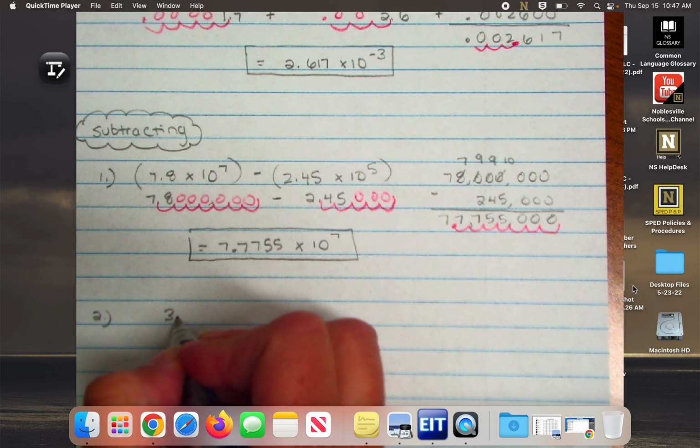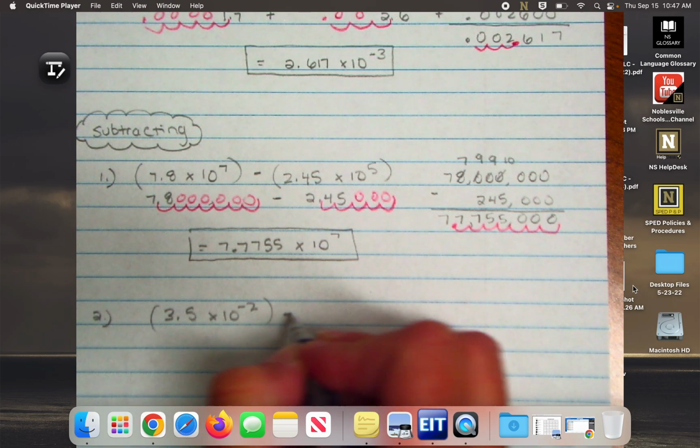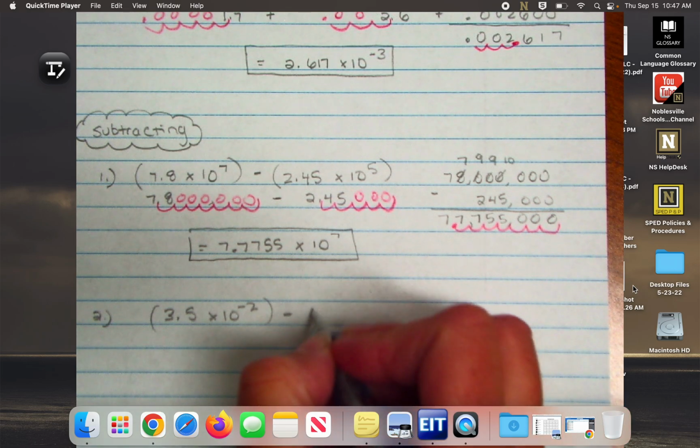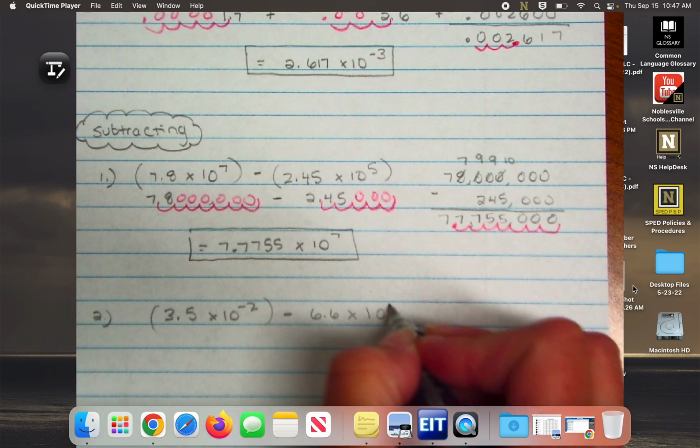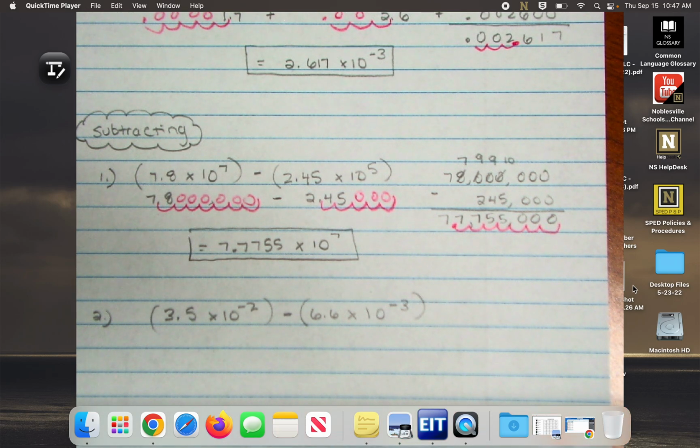Okay. 3.5 times 10 to the negative 2 minus 6.6 times 10 to the negative 3. Is that song gonna come in handy? The integer song? No, we're not going to go into negatives.